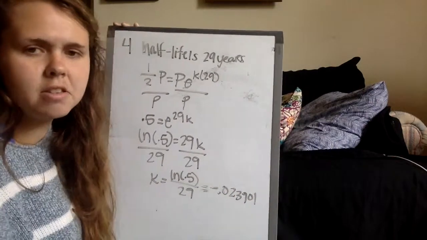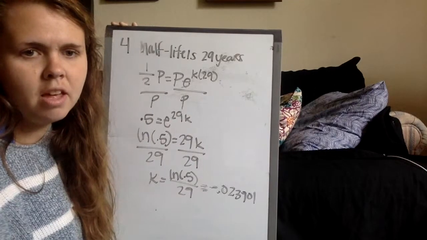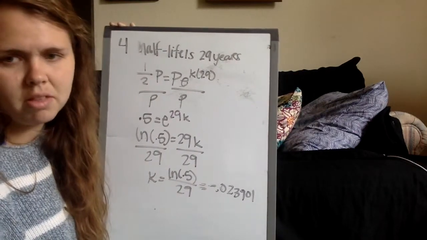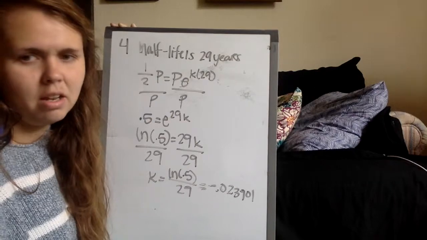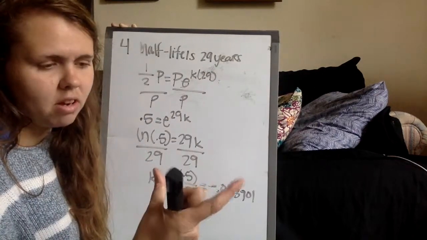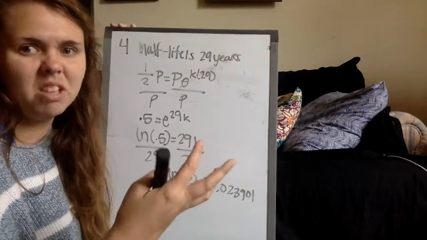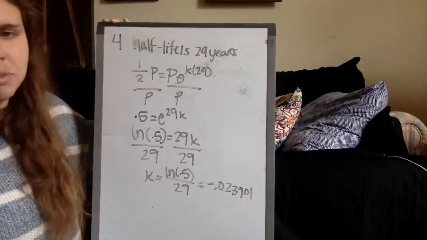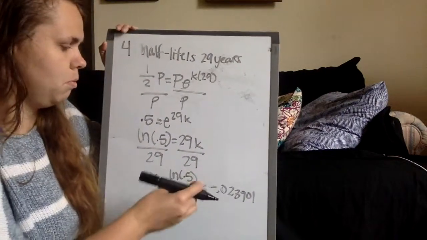I'm going to take it out to 6 places because even though we're going to round to 1 decimal place at the end, our powers end up making big differences in logs. So it helps not to round until the very end as much as possible.